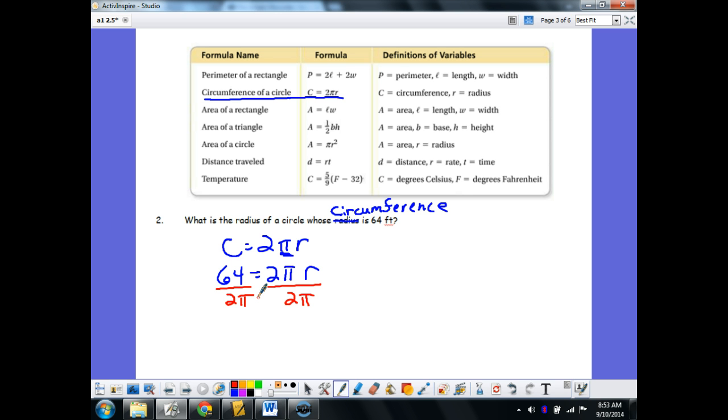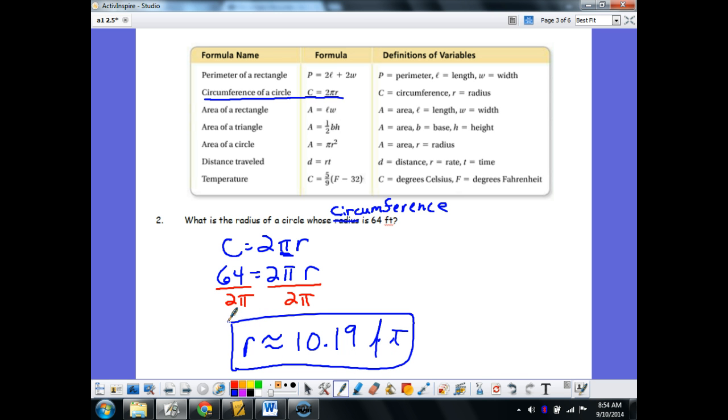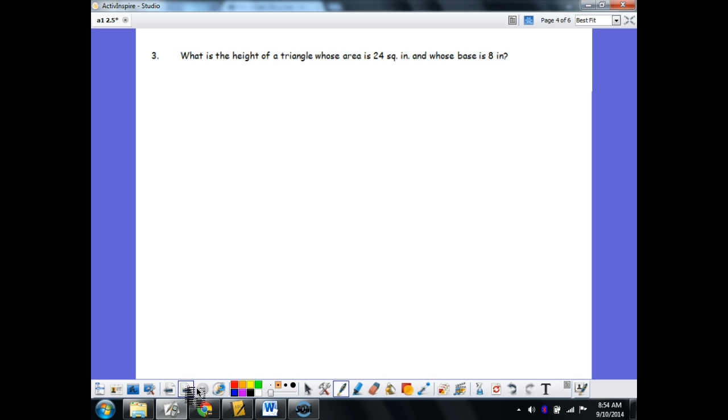So using that actual pi button, we find that the radius is approximately 10.19 feet. So that is the radius of that circle.